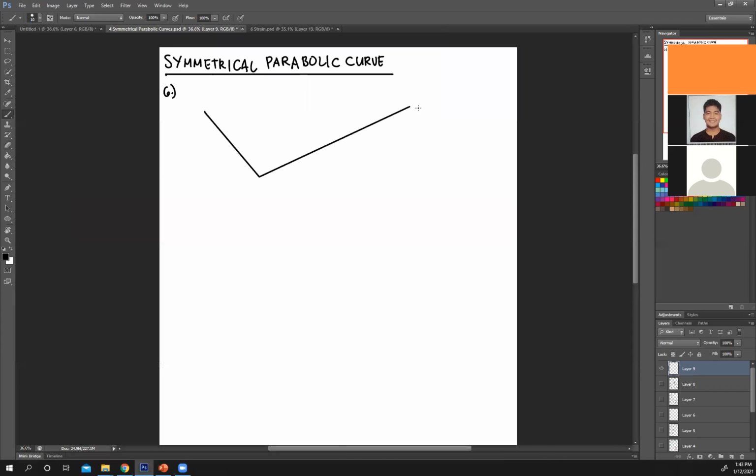So descending grade, ascending grade, then you have your sag curve. Okay, so PC, PT. Right. What else is given?